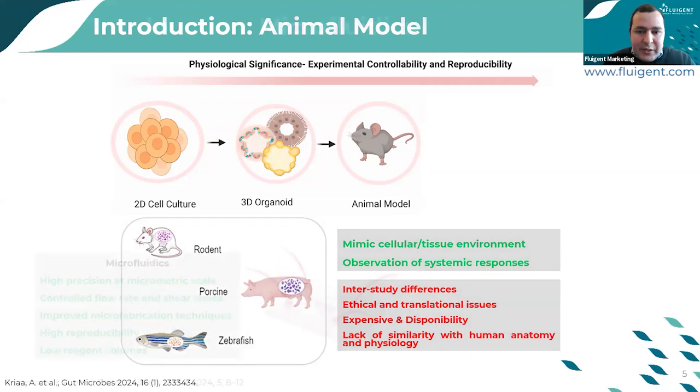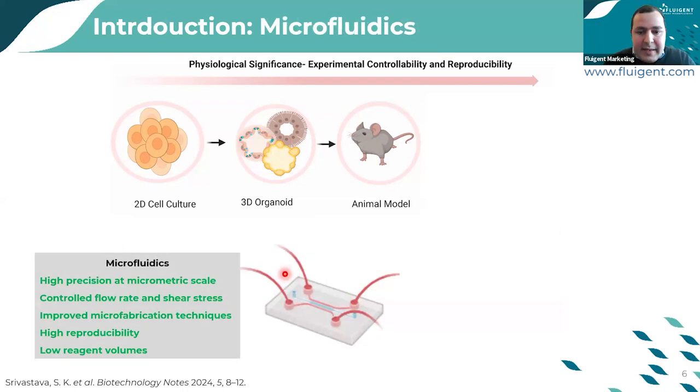During the last decades, with the emergence of microfluidics as a powerful tool in the biomedical field and even in other fields like precision medicine and biochemistry, microfluidics presented several advantages in terms of high precision at micrometric scale, controlled flow rate and shear stress, improved microfabrication techniques, high reproducibility and low reagent volumes.